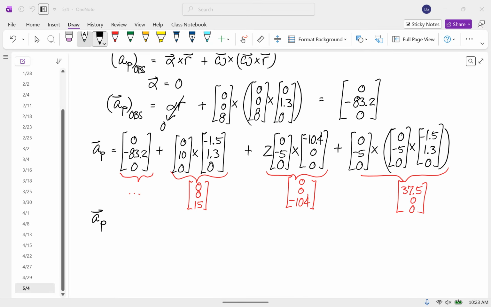And now the acceleration of that point p is equal to 37.5, negative 83.2, and then 89, negative.